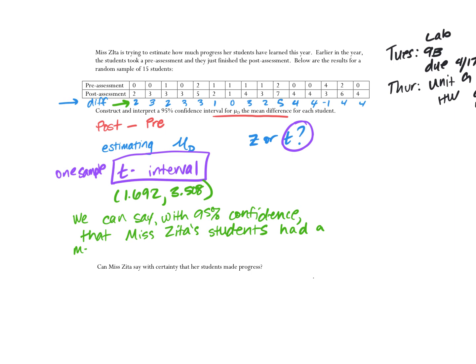So we could say a mean improvement between 1.692 and 3.508 points. That's what the average improvement was. The average improvement of the students as a whole is somewhere between 1.7 points and 3.5 points.